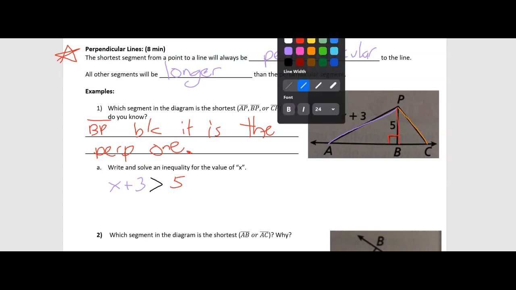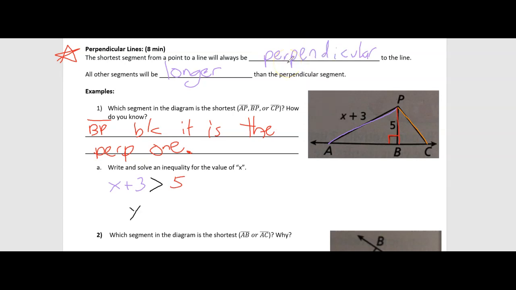And then if we solve, we're going to subtract 3 from both sides and get x is greater than 2. Again, this has to be an inequality because x doesn't have to be 3, which is greater than 2. It doesn't have to be 4. It could be any number greater than 2, because any number greater than 2 will give the purple segment a longer length than the red segment. And of course, you could just test numbers larger than 2 to make sure that that works, but it does.